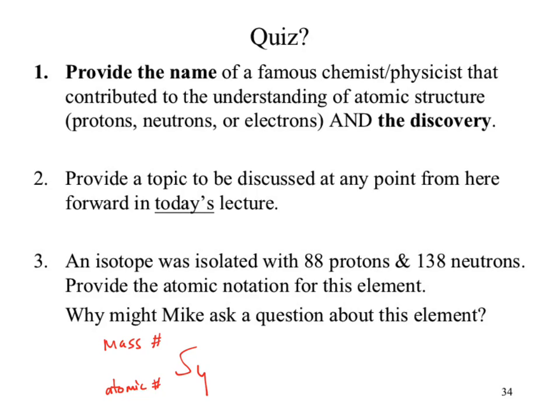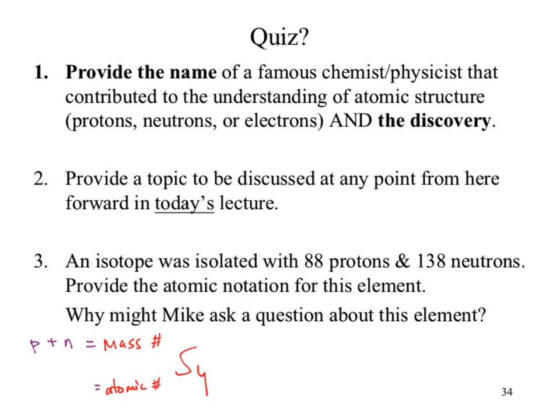Okay, so what was the mass number? Mass number is 226. Fair answer to the question I asked without numbers. What is the mass number? The protons and neutrons combined. The atomic number, 88.